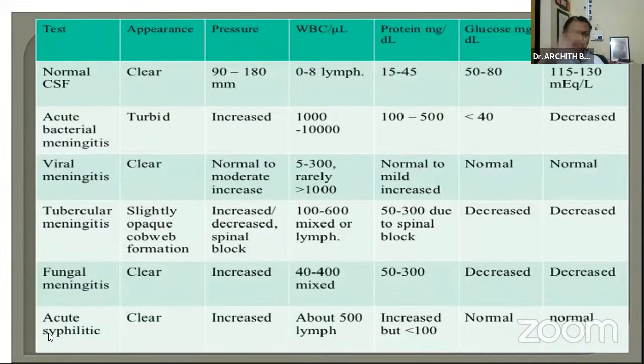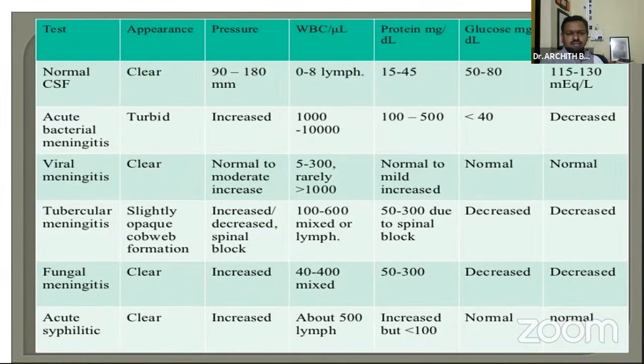The tube is not very big, maybe around 30 to 40 gradations, in centimeters. So you're measuring it in water, and up to around 20 to 25 centimeters is normal. Anything more than that is elevated.